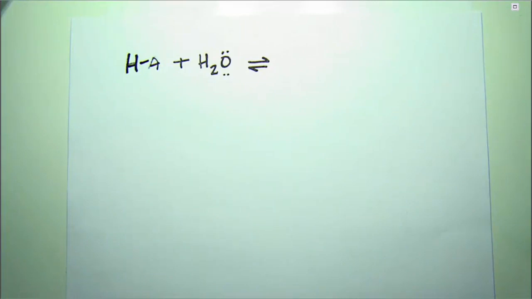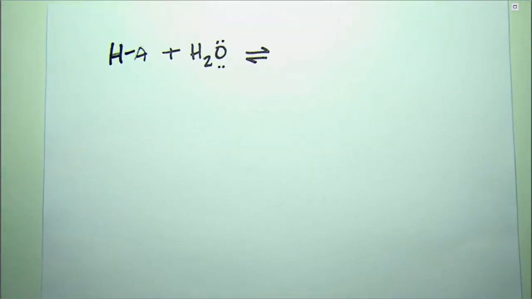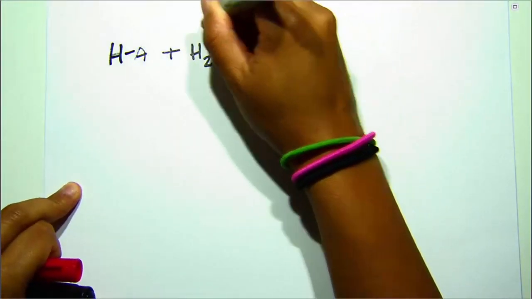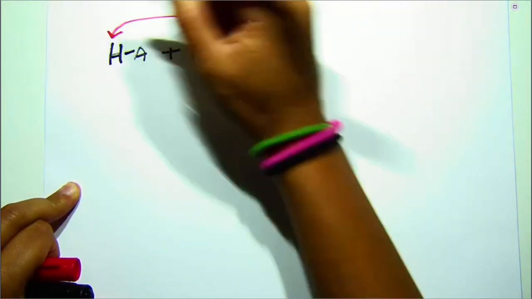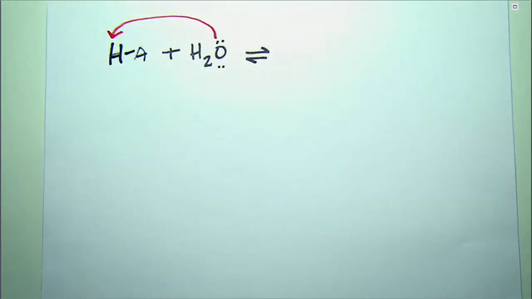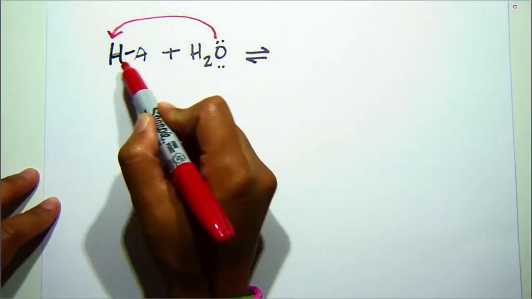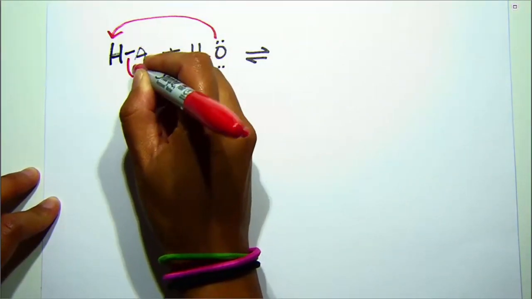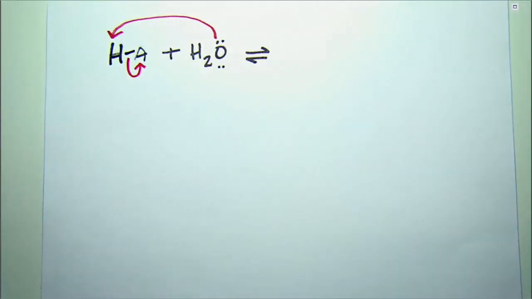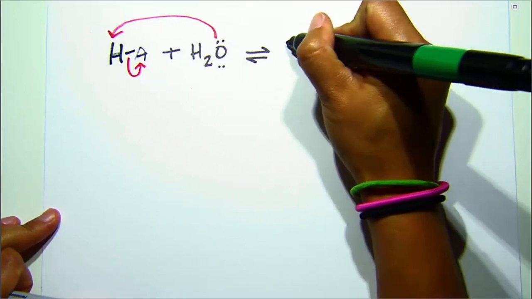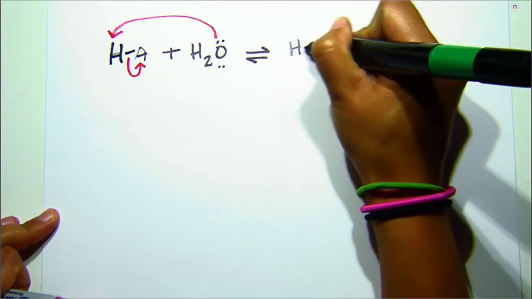If we draw the curved arrow notation for that, it would simply be the lone pair on the water molecule grabbing the proton. This is actually attacking an unfilled sigma star of the HA, and then we break the HA sigma bond, moving the electrons onto A. And so in this case, we form in water what's called a hydronium ion.